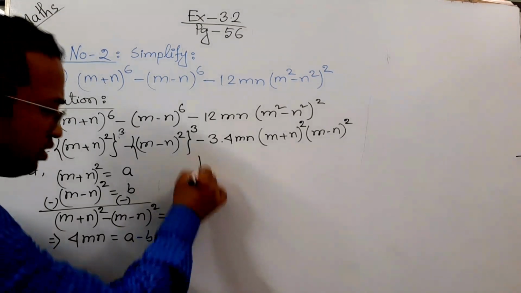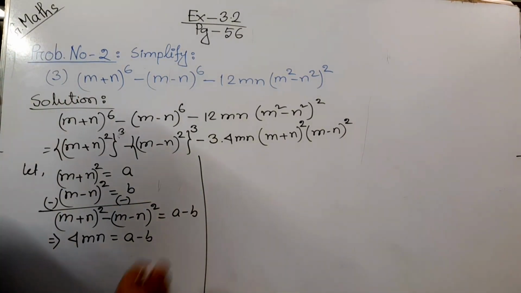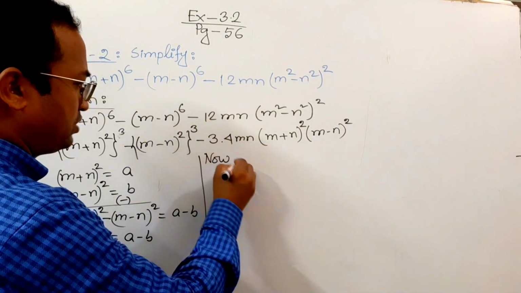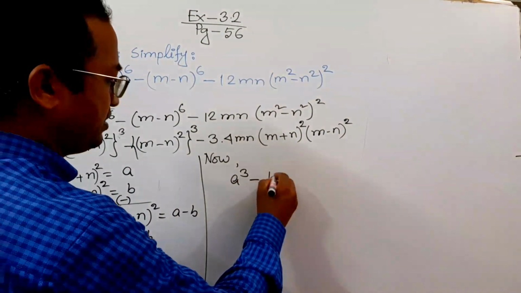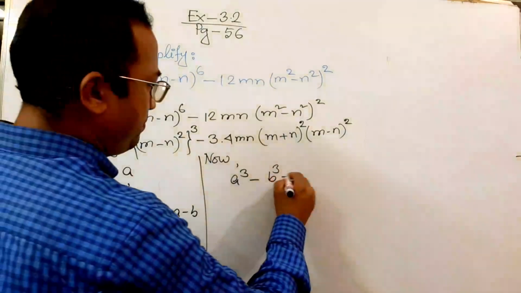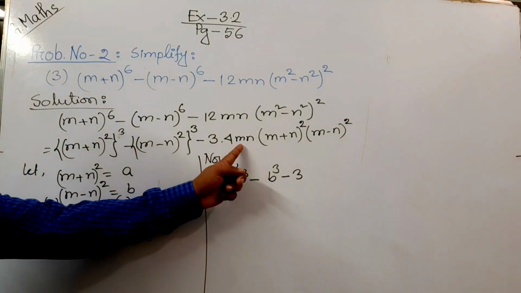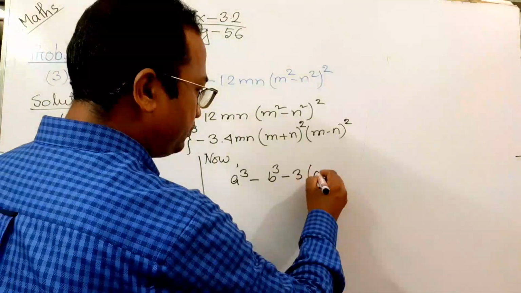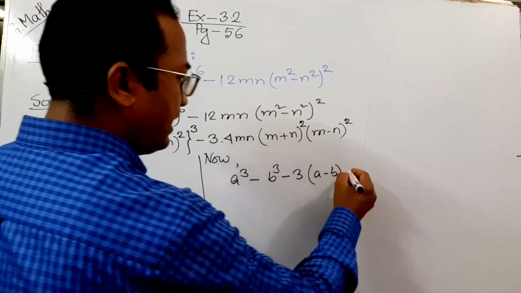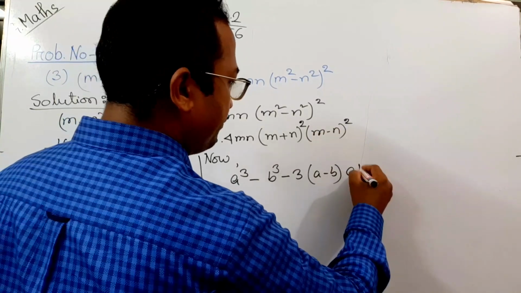Now this expression becomes like this. Now we can write a cube minus b cube minus 3 into 4mn. What is the value of 4mn? a minus b, and this is a, this is b.